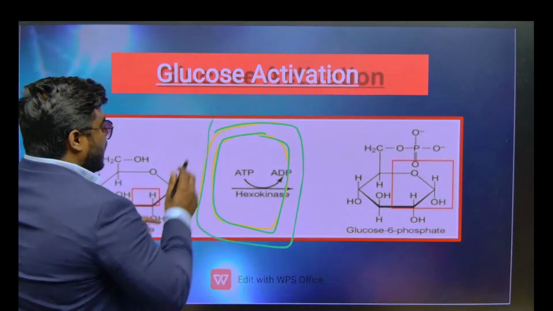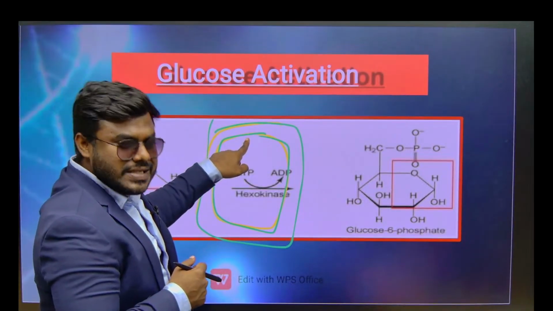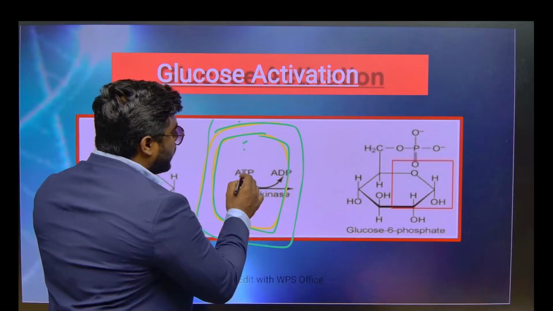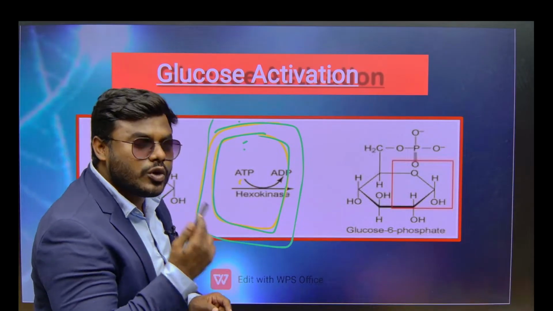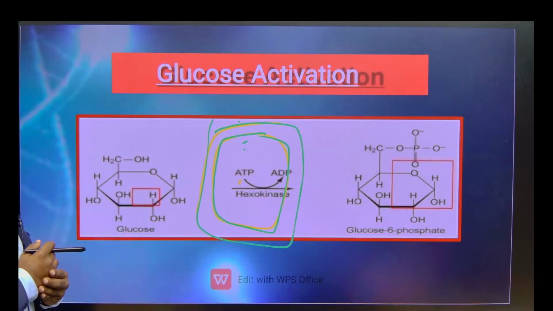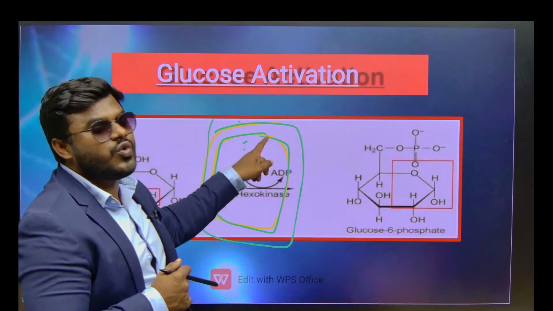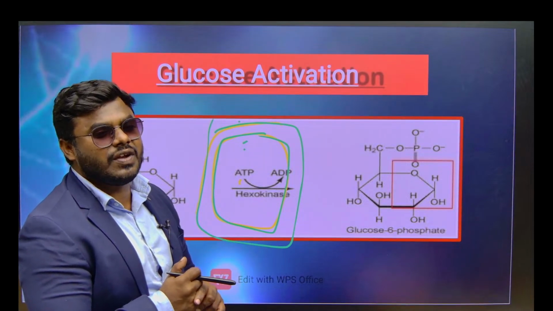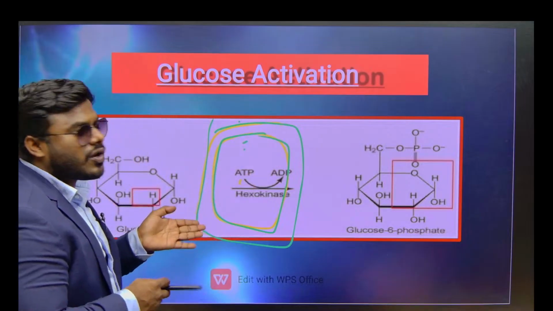Cell wall. Glucose has to cross the cell wall and cell membrane, then only it can enter the cytosol. Now the question is, how can glucose cross the cell wall and cell membrane? We all read that the plasma membrane is selectively permeable. Then how will it cross?